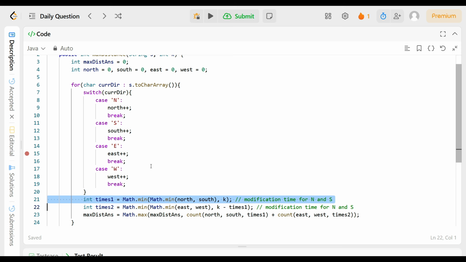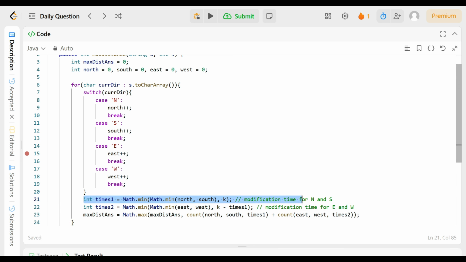If the number of such letters exceeds t, then we'll modify t of them, otherwise modify all of them. And in this modification for n and s, north and south, I think east and west we can say, east and west.